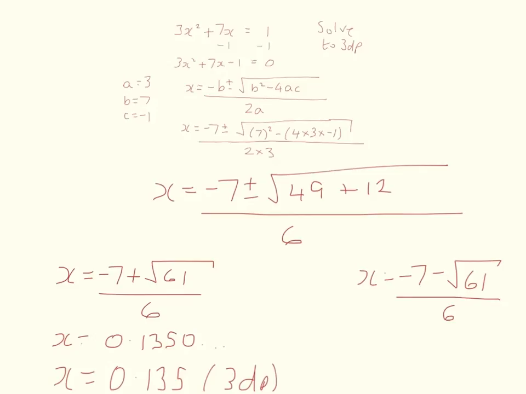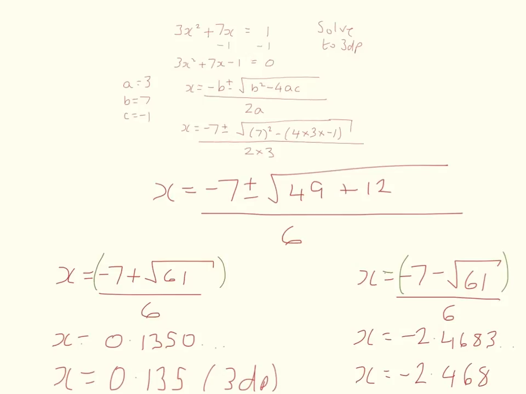And for the other solution we're going to have x equals minus 2.4683, and to 3 decimal places, that would be minus 2.468. Just a hint for when you are putting this in your calculator, I would recommend putting this top line in brackets.